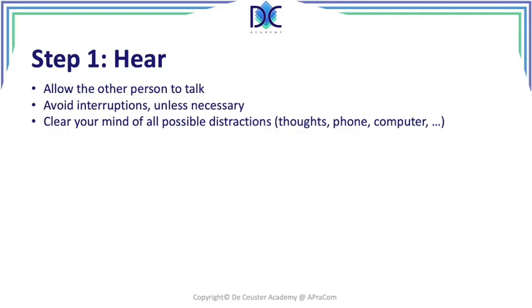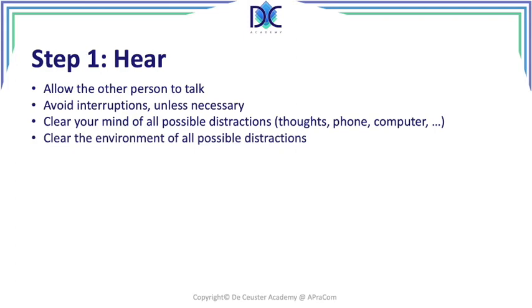It can sometimes be difficult when you have a lot of personal issues or other issues that are going on. Telephones that are there, people watching the computer. We have those smart watches that tell us every time we have a message. These are all possible distractions.